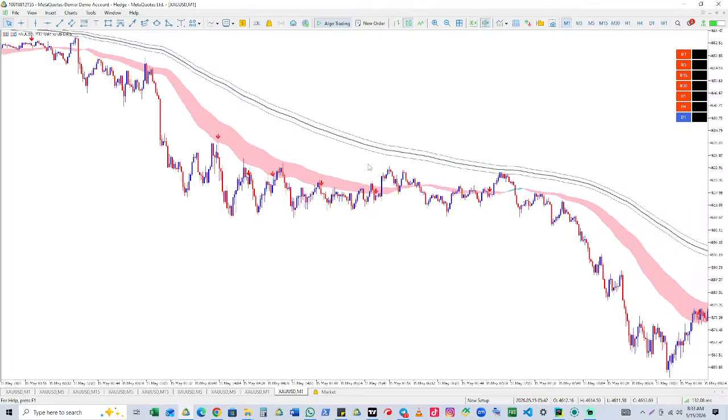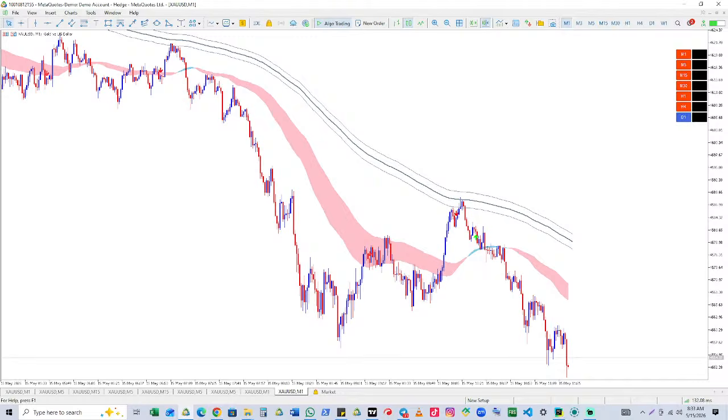We have here on the right side what we call the signal strength. The signal strength shows up anytime we have a strong signal. Currently the signal strength is pointing that price is going to the downside. It's 7, that is from 1 minute to the daily time frame.